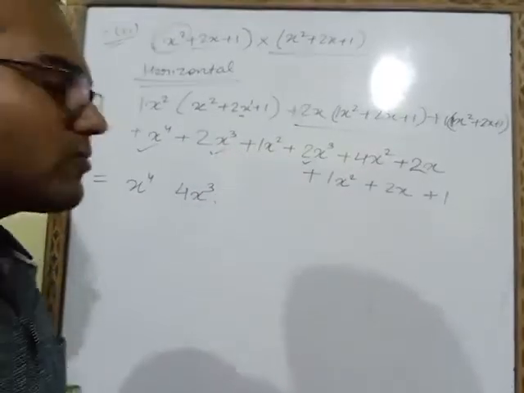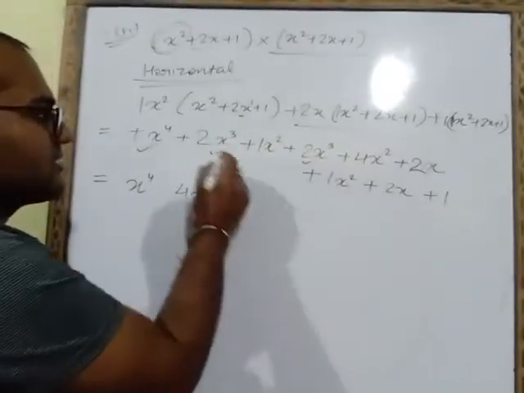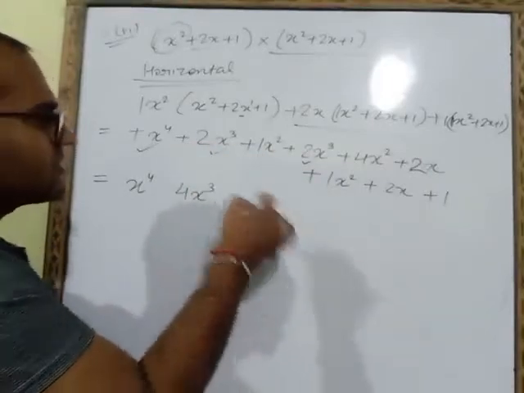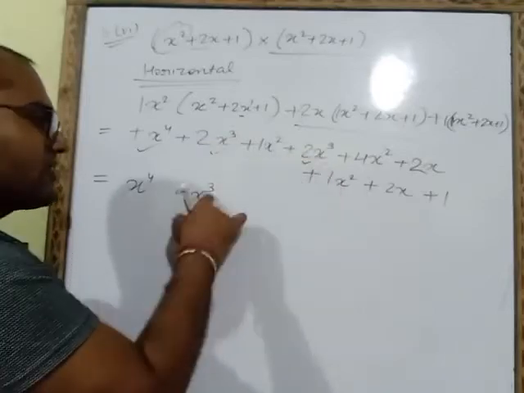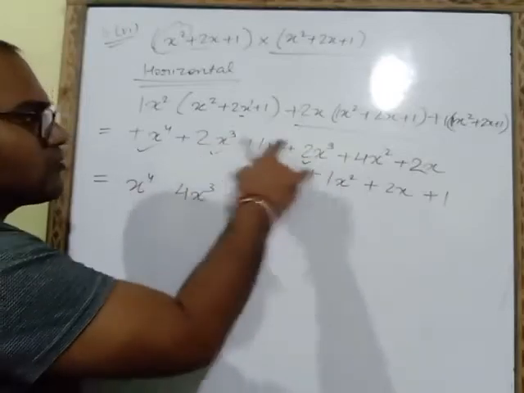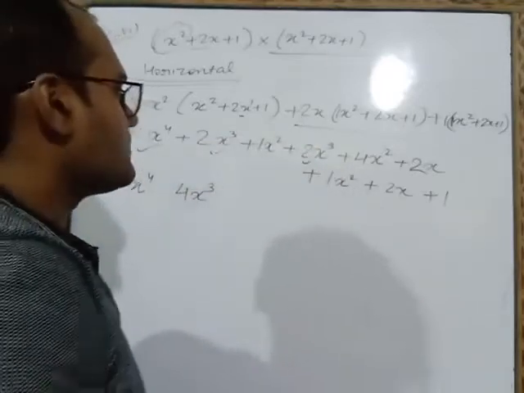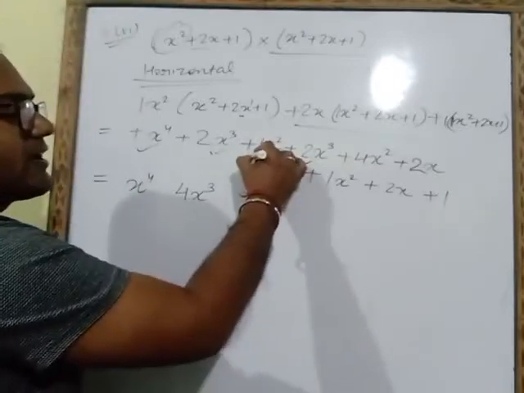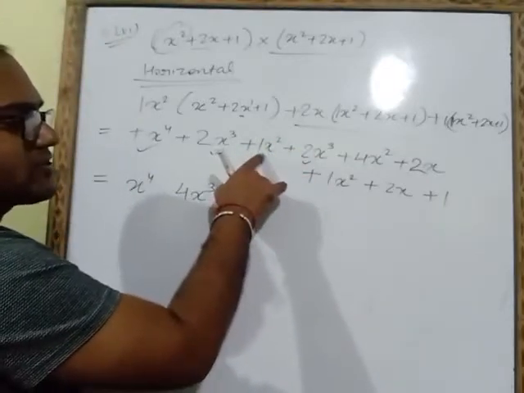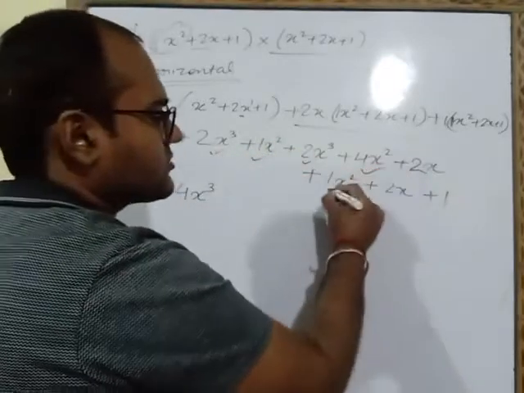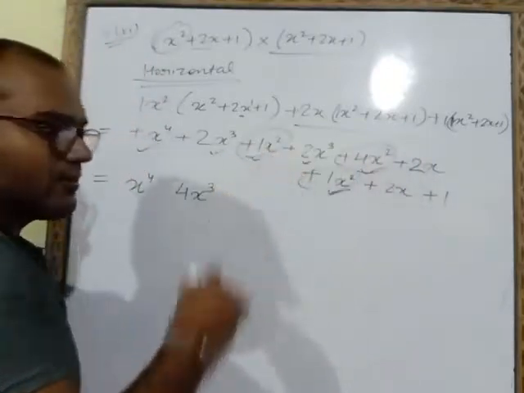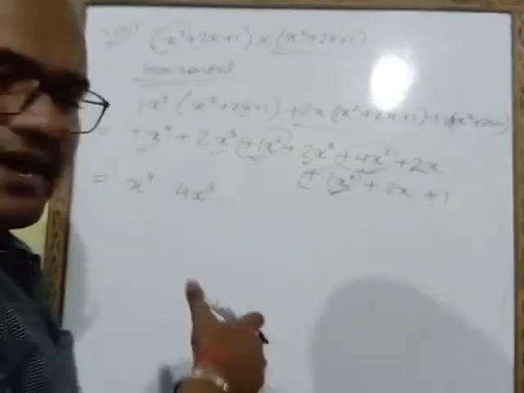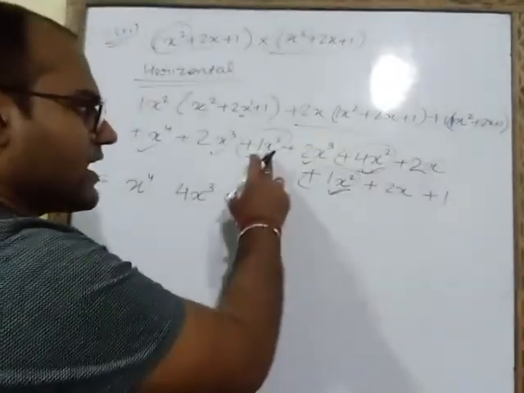So what we have to do, alphabet we will write as it is, plus plus plus. So 2 plus 2 will become 4, x power 3, that we will write as it is. These two powers we will not add. Now we will take another term, 1x square, 2x square and 1x square. These three terms are like terms because they are having x square, power is x power 2.